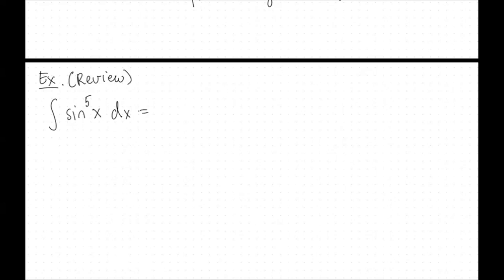We know that we can express this sine in terms of cosine as follows. So we can write this as sine to the fourth of x, and then express sine to the fourth of x in terms of cosine, and then separate the other one, sine of x dx with respect to x. And then we will write our sine to the fourth as 1 minus cosine squared. So 1 minus cosine squared is sine squared.